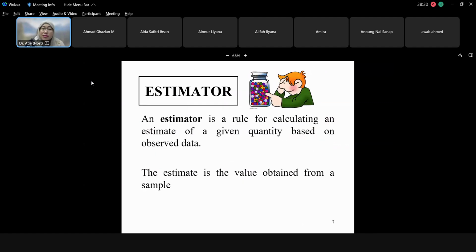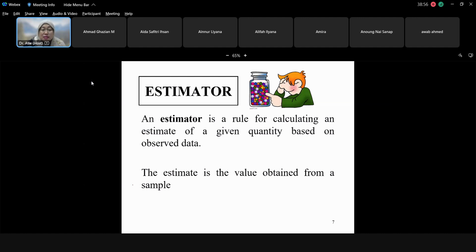I've told you what estimation is, and what an estimate is, to estimate. The next word that I would like to introduce to you is estimator. An estimator is a rule for calculating an estimate of a given quantity based on observed data.